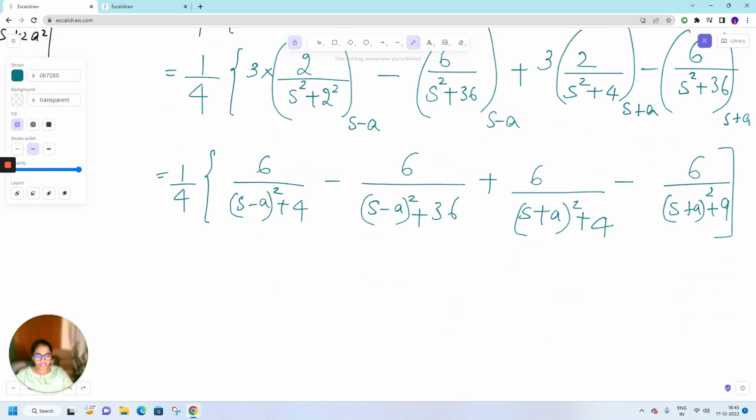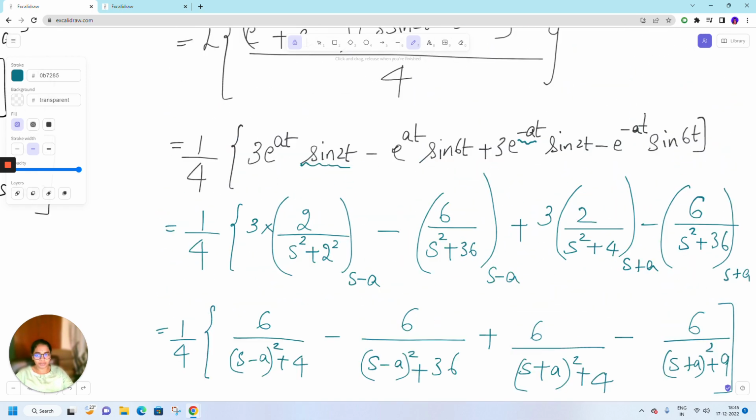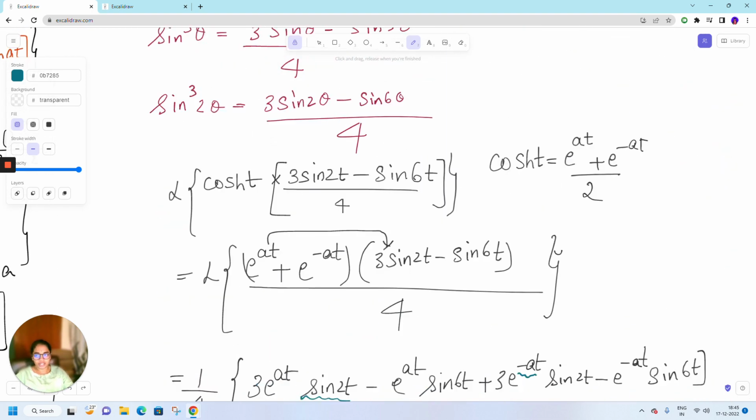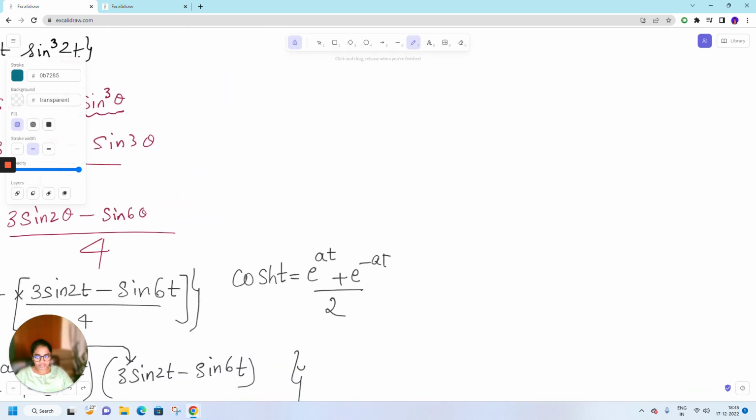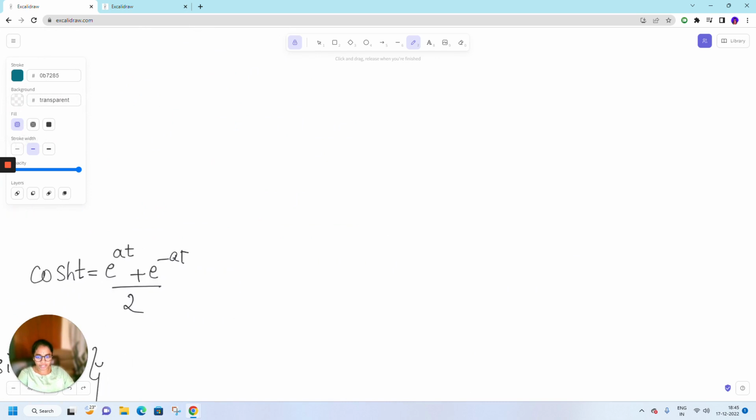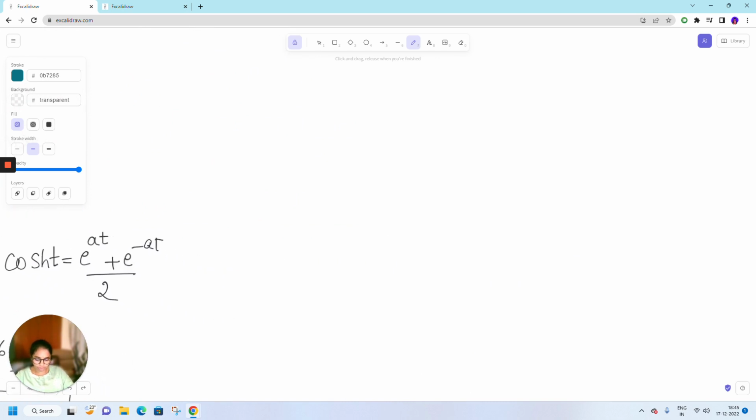So yes, you can take out 6 common, you can take LCM of these two terms and these two terms and try simplifying it.